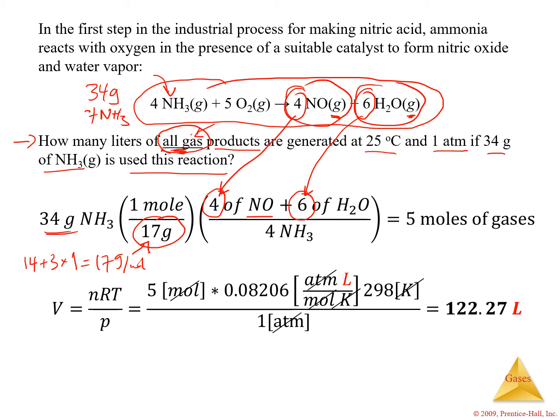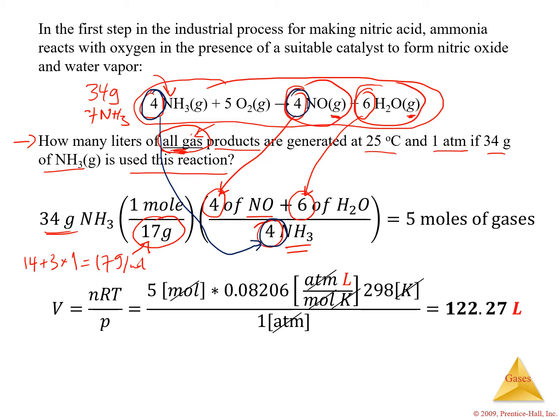This is why I can simply add these two stoichiometric coefficients when the question is about all gases. Then this is converting information of all gases on the product side to information about the ammonia, which is given to you. So the coefficient next to ammonia is 4. So this is 4, and this is this 4.